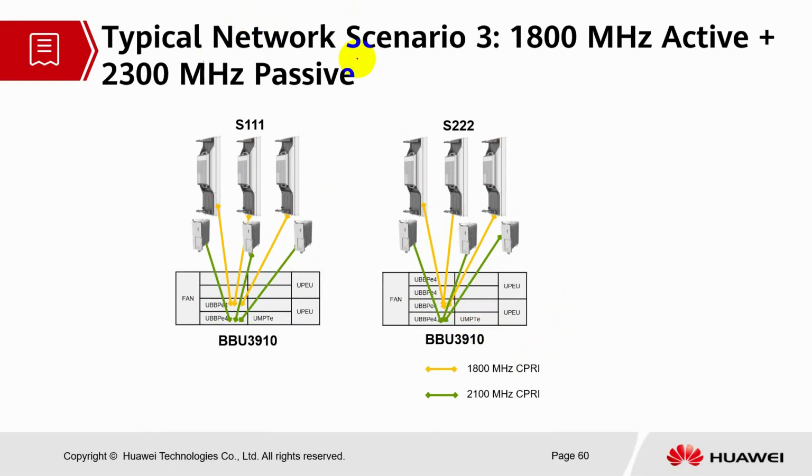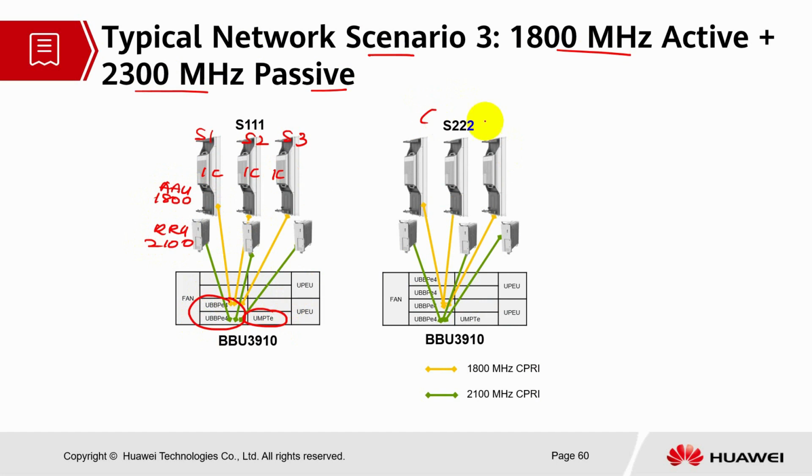Next, scenario 3, we have 1800 megahertz active and 2300 passive. So for the first diagram, sector 1, sector 2 and sector 3, we have 1 carrier. So we have AAU model 1800 and RRU model 2300. So we need 2 UBBP E4 and 1 UMPTE.